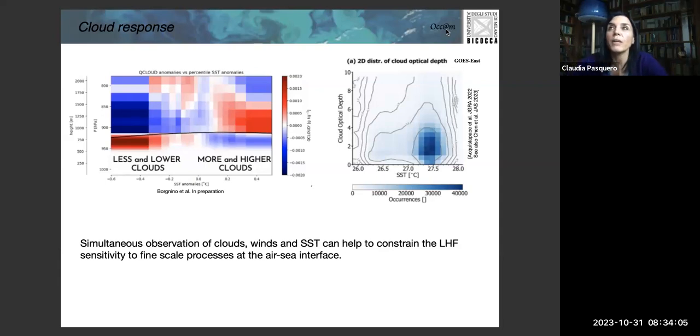The hope, but we haven't really worked on that yet, is to be able to relate this cloud top motion to the fluxes at the sea surface and to the sea surface temperature anomalies. So hopefully we will be able to get some insights, because we see not only the boundary layer cloud top, but also how they are evolving for a few minutes. So maybe we have some signature of the entrainment, the change in entrainment, let's say.